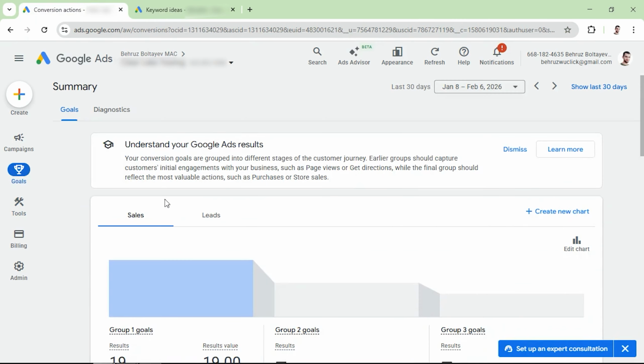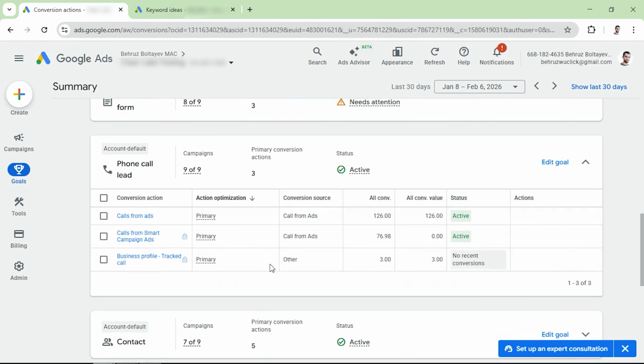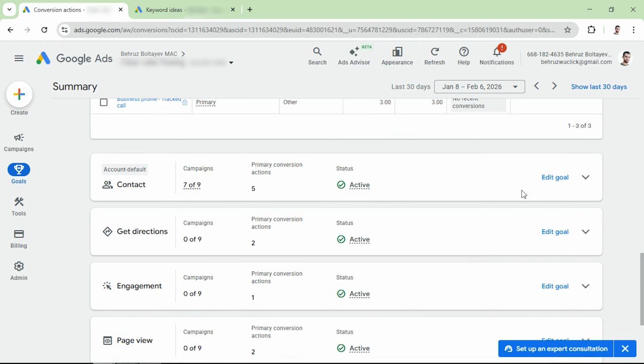And the next thing on our list, make sure that your phone call conversion tracking is working. If you go to the conversion section, for example, you might have a form submission section, which you should be tracking form submissions coming from Google Ads, and you should have a phone call tracking section. With this account, our main goal is to generate as many phone calls as possible from Google Ads. As you can see from here, these are used to track phone calls coming from our campaigns. And from here or in other categories, you can also add other types of conversion actions.